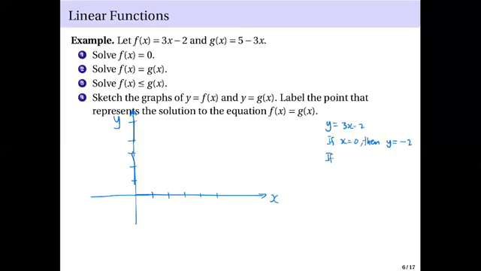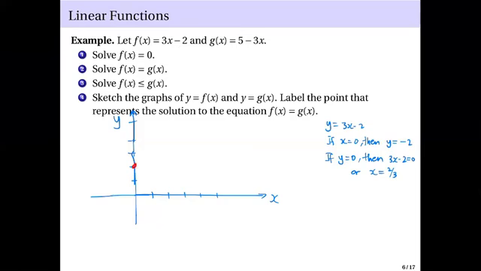If y equals 0, then you have 3x minus 2 equals 0. But we solved this. We solved that x must be equal to 2/3. So we have the points 0, -2 and 2/3, 0. This is for the function y equals f of x. So 0, 2.